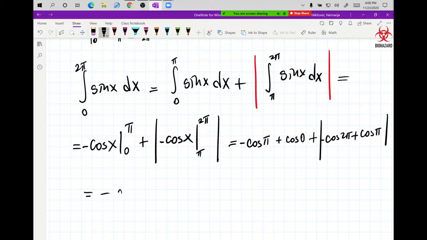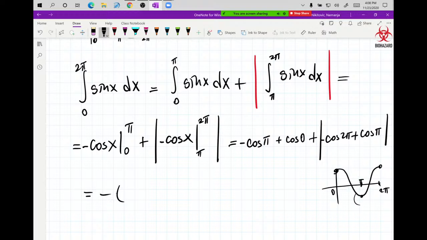So now we have a negative cosine of pi. How much is cosine of pi? Well, as always, the best way to deal with these values is to just draw the function. There's your pi, there's your 0, there's your 2 pi. Cosine of pi is negative 1. That's the y value.